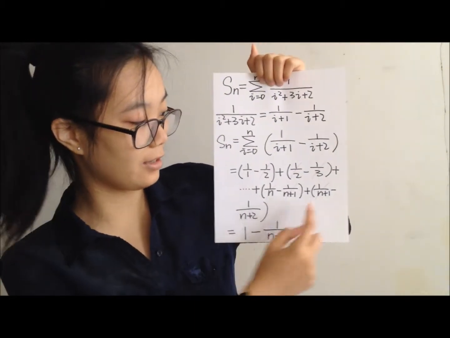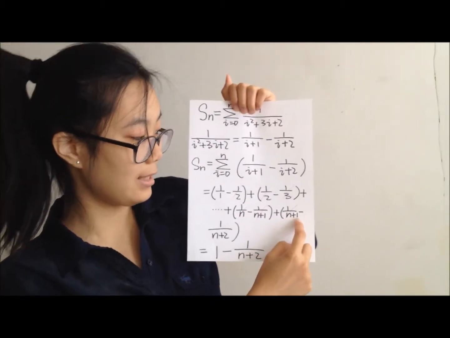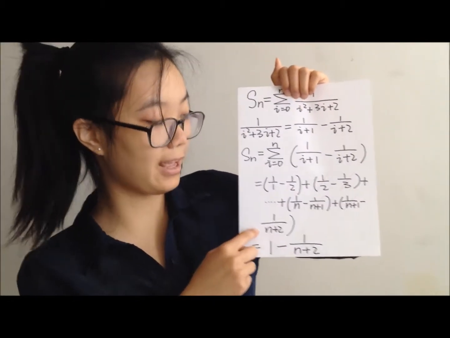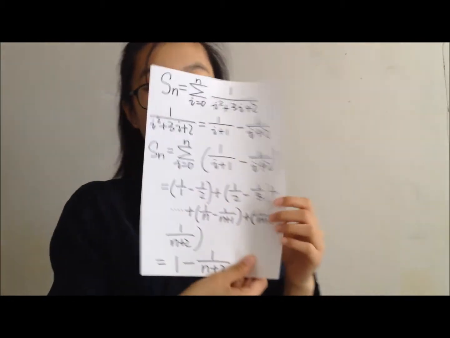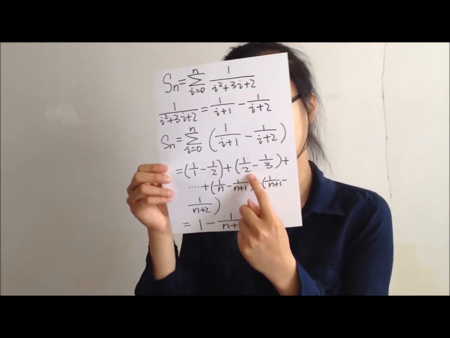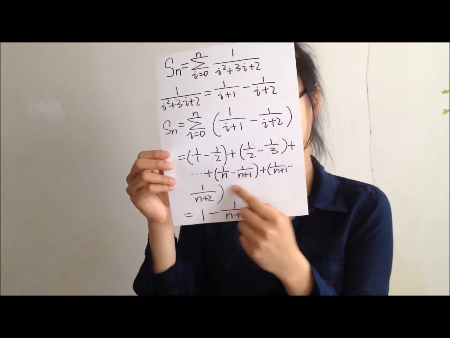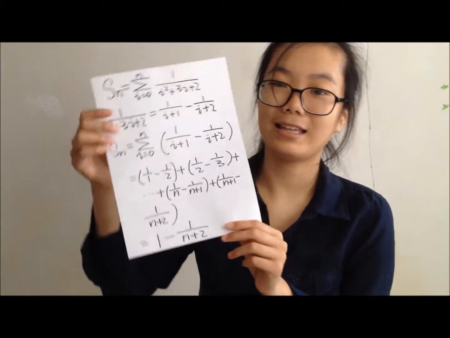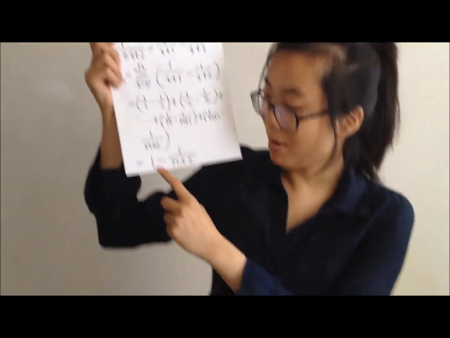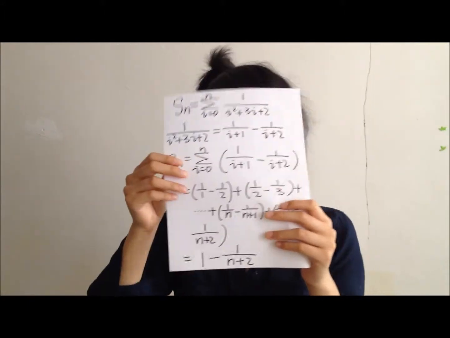And here we can get the final one will be 1 over n plus 1 minus 1 over n plus 2. Now we need to just do the cancel out. So this one and this one, we can cancel out because minus plus and minus plus, we can just cancel out all this. And then we can get 1 minus 1 over n plus 2 will be the final one we get.